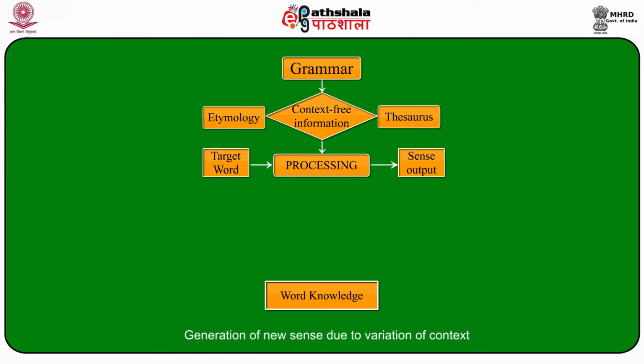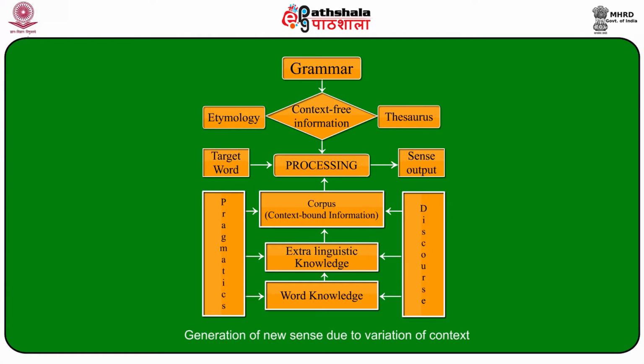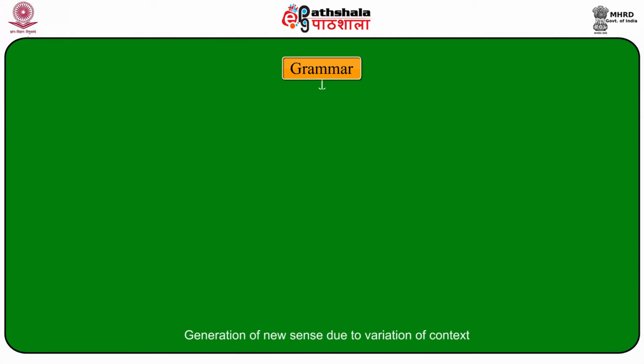Say I get 100 sentences where the word head is used. Then we find that out of those 100 sentences, the word is actually generating, say, 5 or 6 new different senses which are different from its etymological sense, which has been tagged as S1.